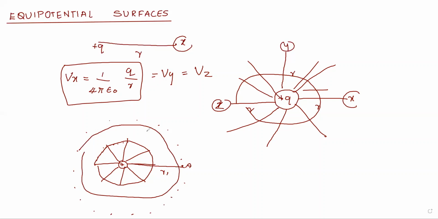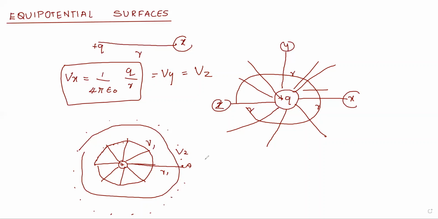I cannot draw a proper circle with this digital pen, so please pardon me. The potential will be same for all the points even on this circle. Let us say V1 is the total potential of circle 1, and V2 be the potential for circle 2.